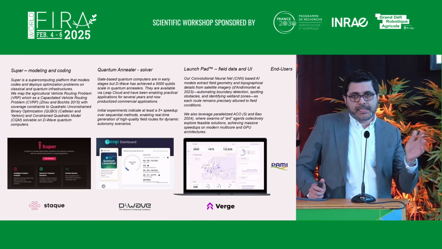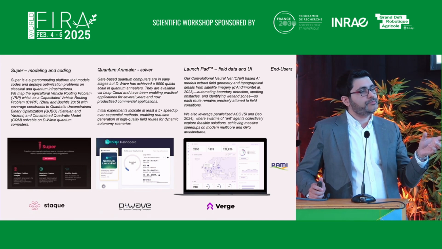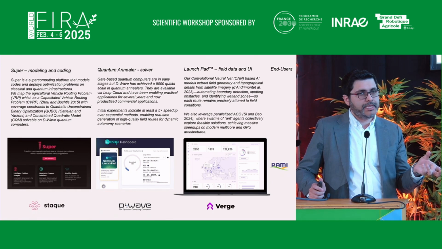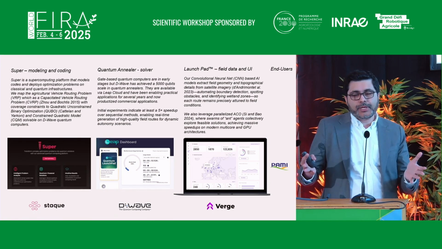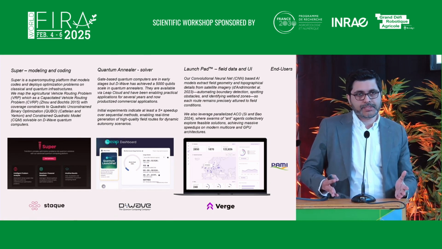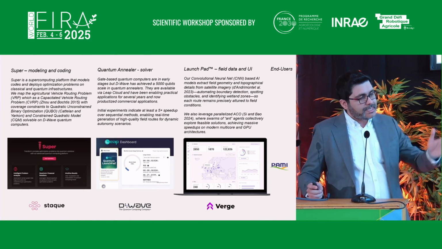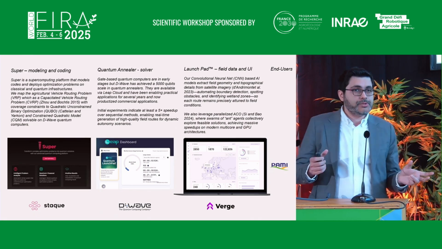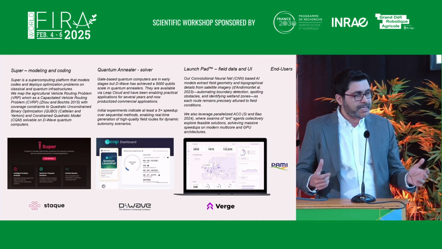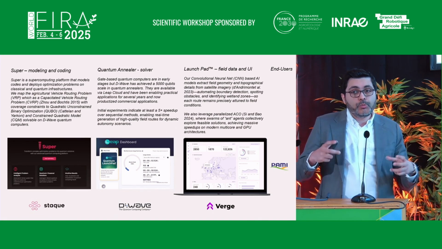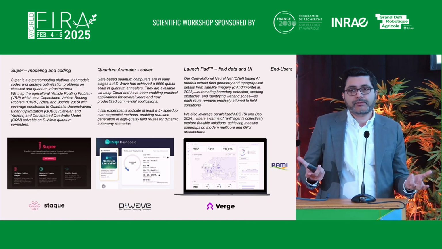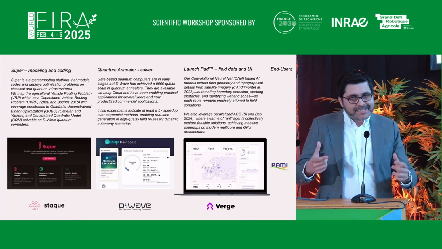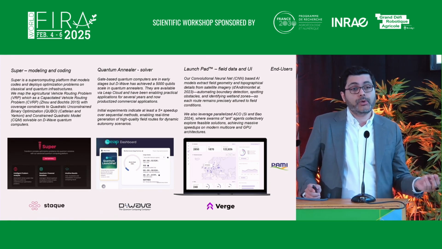But there is an intermediate step: how do you take the problem and model it in such a way that you can leverage classical as well as quantum infrastructure to solve it? That's where the platform Super comes in, which is a modeling platform. The D-Wave team worked with the Stack team and used Super to model the problem, a capacitated vehicle routing problem, and cast it into a form that can run on quantum computers.